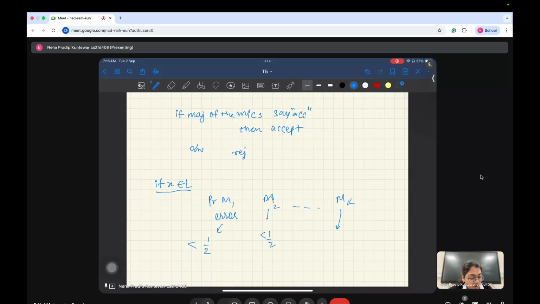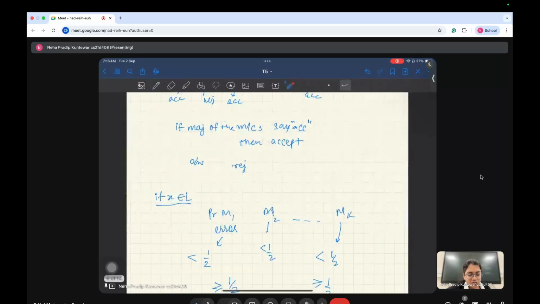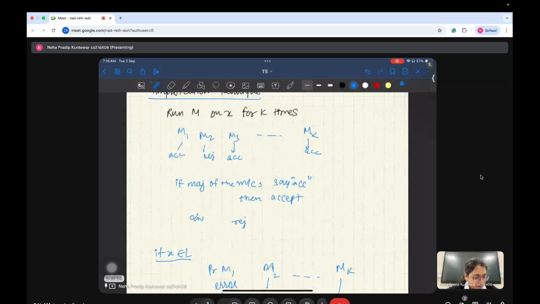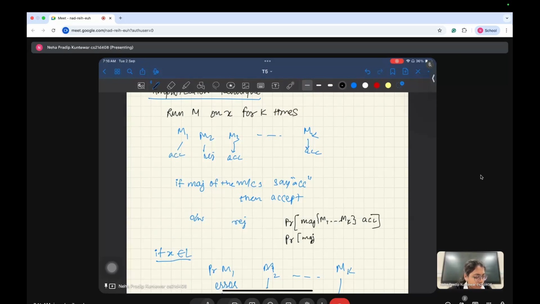And when you take the majority of them, the probability that we will eventually end up accepting is again half, or the probability that we are going to reject is again half. So why is that? This is a simple exercise that one can try. What is the probability that the majority of M1 to Mk accept, and what is the probability that the majority of M1 to Mk reject?